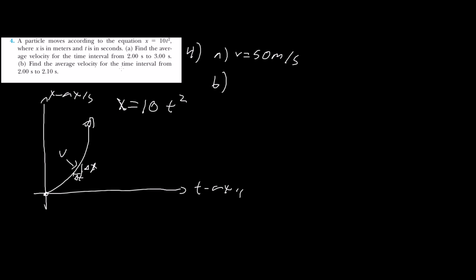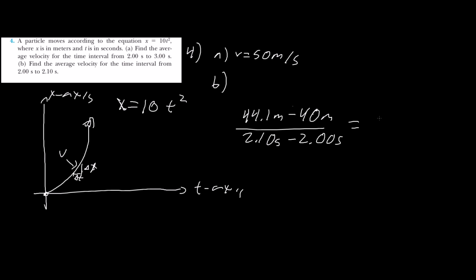Find the average velocity for the time interval between 2 seconds and 2.10 seconds. So what I'm going to do is put this in the calculator. 2.10 squared times 10 would be 44.1 meters, minus the position at 2 seconds, so that's 10 times 2 squared, which would be 40 meters, over the course of 2.10 seconds minus 2.00 seconds.